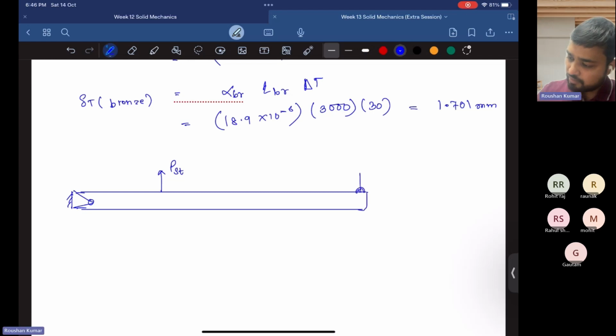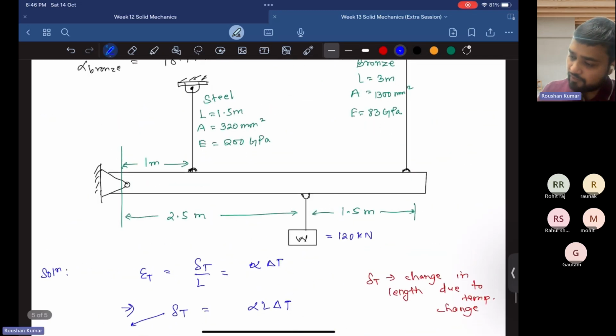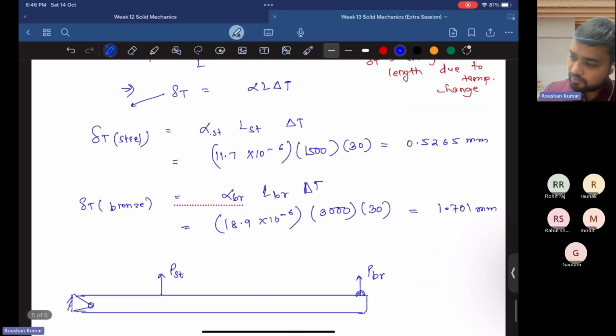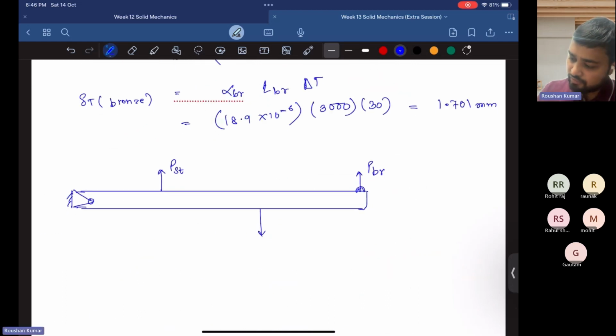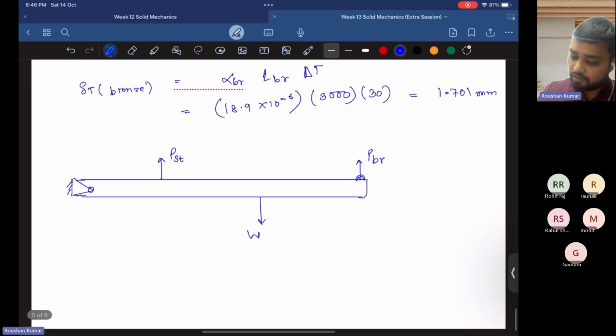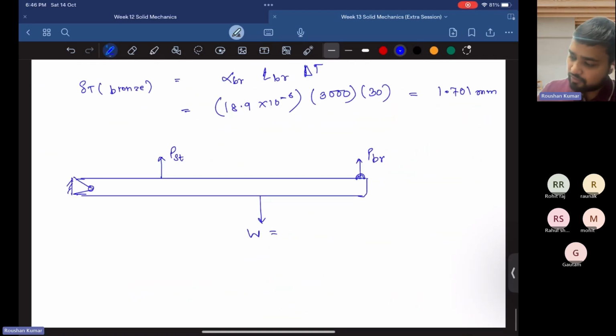Here is the pin support, and these lengths are given as 2.5 meter and 1 meter. Here also a reaction force is coming. W is acting downward, which is equal to 120 kilonewton, that is 120,000 Newton. This distance is 1 meter, this distance is 2.5 meter, and this distance is 1.5 meter.